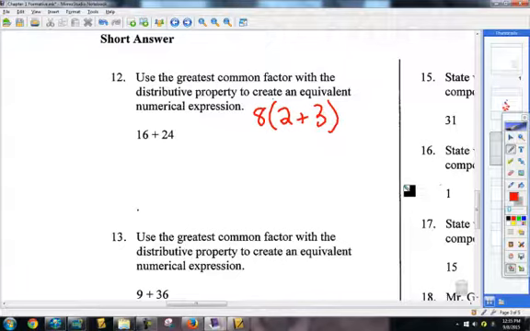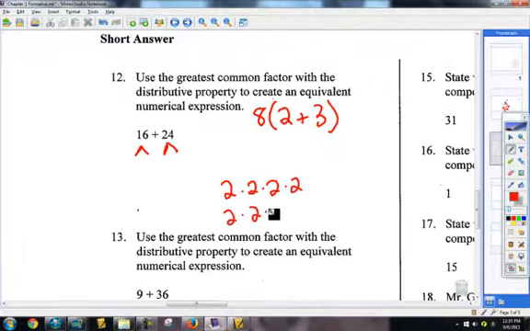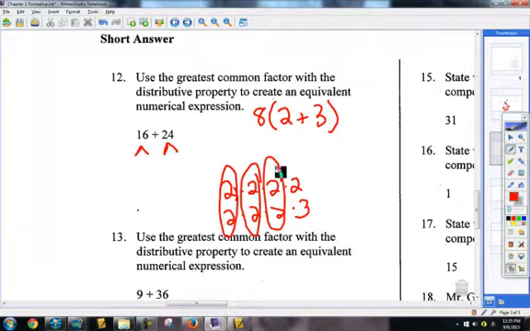Find the GCF. So again, if you don't have trees, it's wrong. You must show your GCF work. I see common factors of 2, 2, and 2. So what's my greatest common factor? 8.